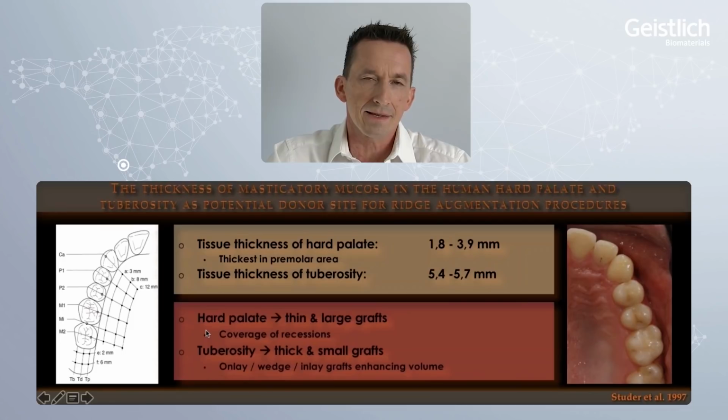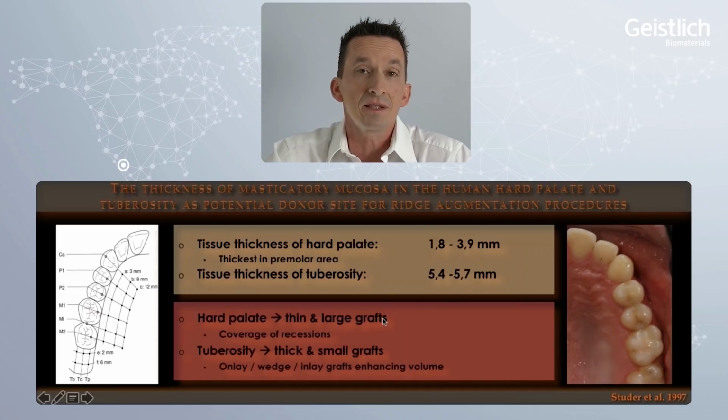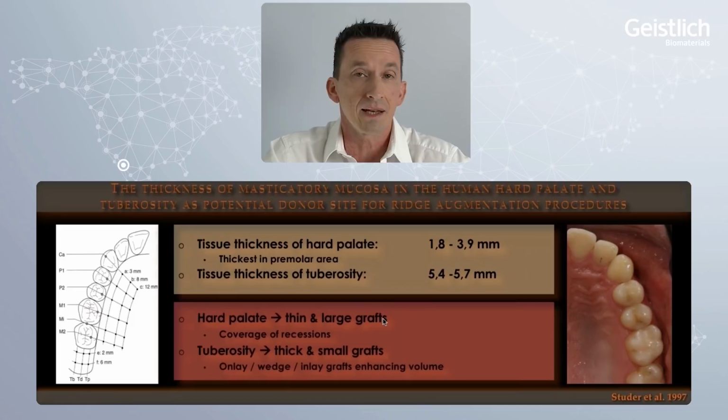So just as a trick, if you need thin and large grafts, take them out from the hard palate. If you need thick and small grafts, take them out from the tuberosity.